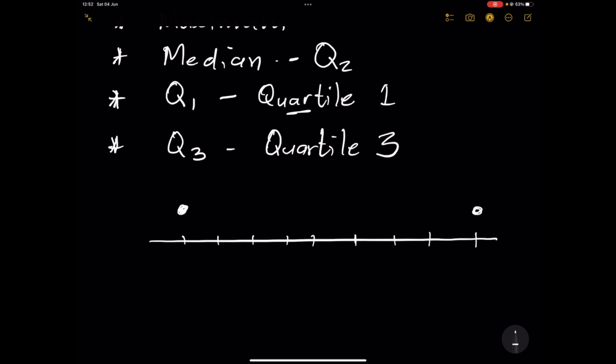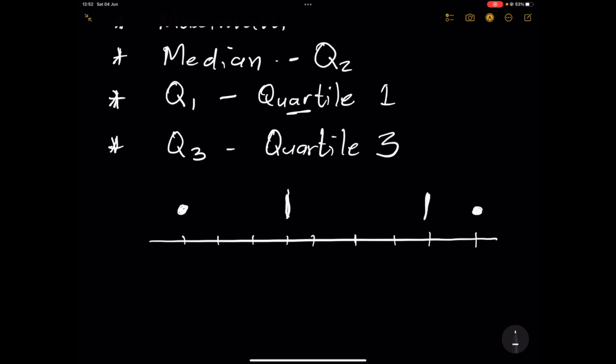You identify your maximum value, and then you take quartile 1. Say quartile 1 is over there. And let's look for, for argument's sake, quartile 2. There's your quartile 2 over there.